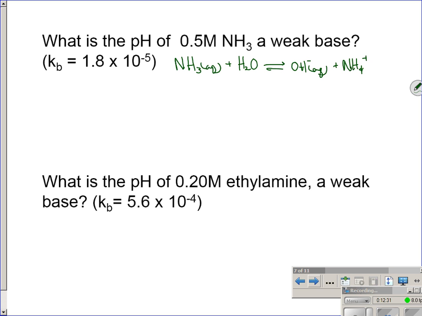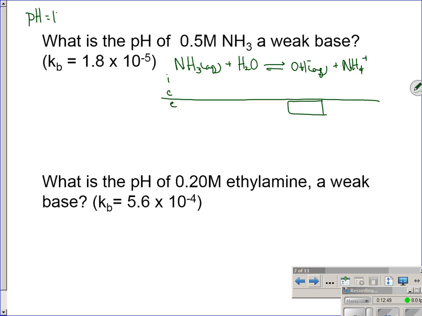So the only thing different here is that if you have initial change equilibrium, our equilibrium concentration is going to be of hydroxide ion. So if we're going to get pH, what we're going to have to do is get the pOH first.